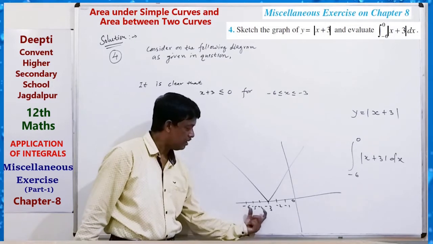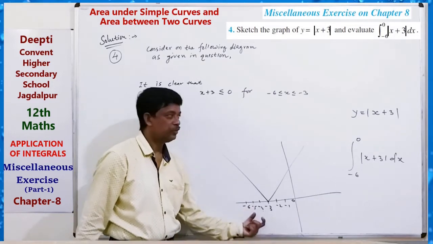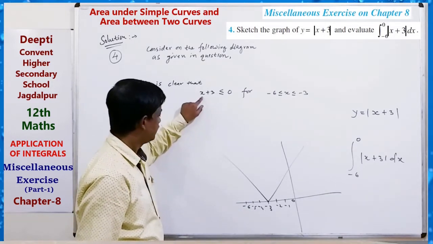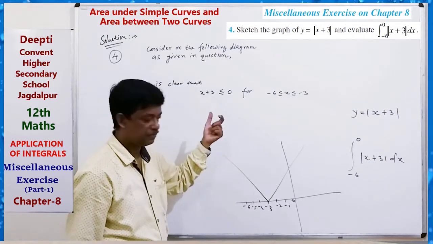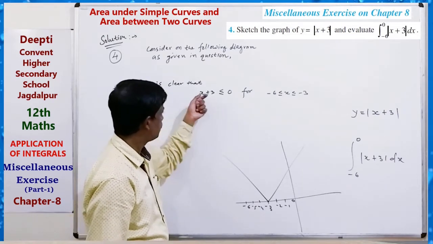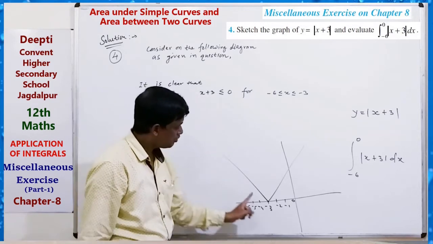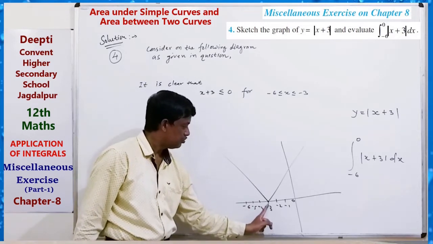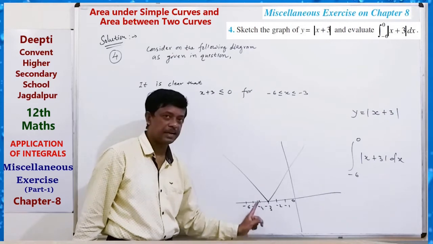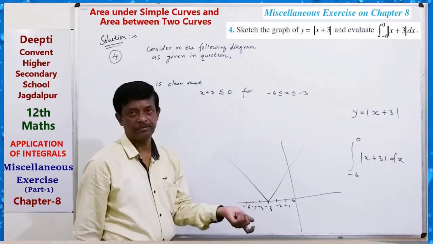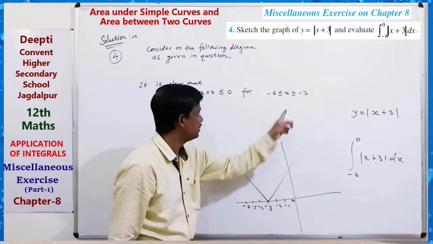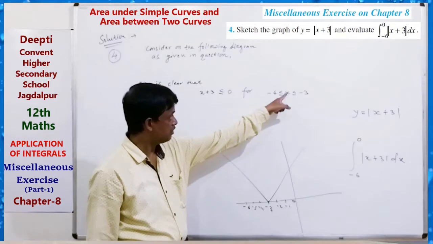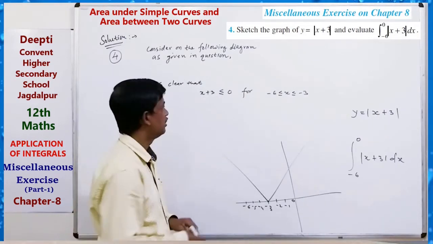If we take any value, minus 6 plus 3 is negative, minus 5 plus 3 negative, minus 4 plus 3 negative, and also a value nearer to minus 3 from the left side is negative. For values from minus 6 to minus 3, in this interval, this is negative.